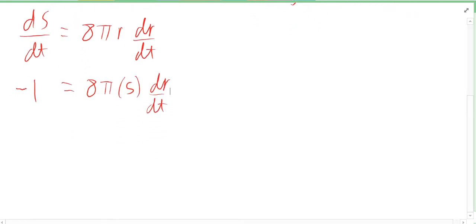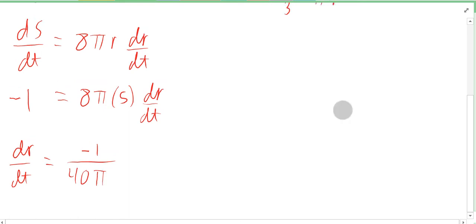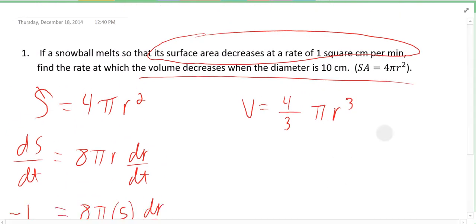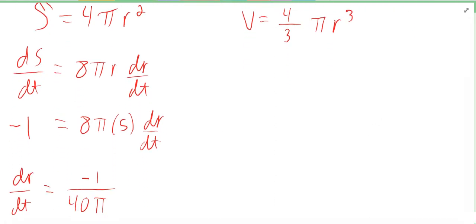Good, very good, Joseph. So dr dt, if you solve that, happens to be negative 1 over 40 pi. And r is measured in centimeters, so this is going to be centimeters per minute.